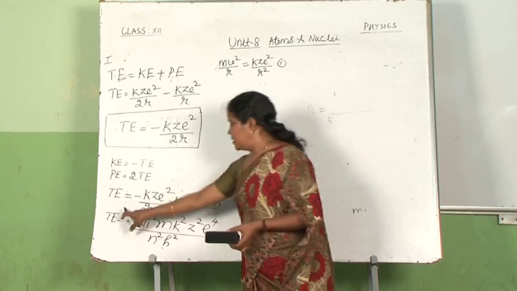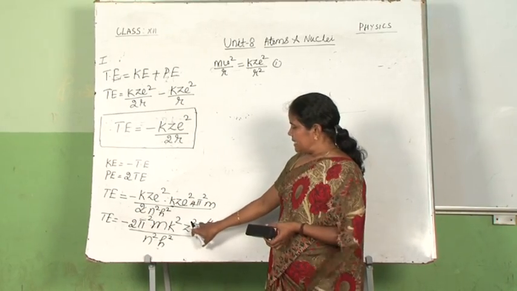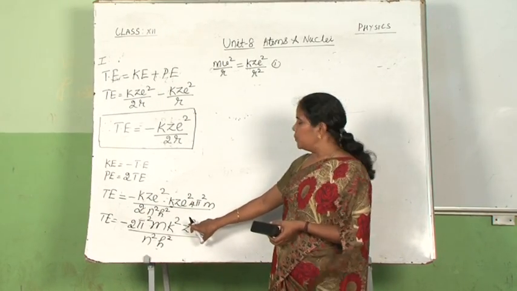This is the total energy. For the hydrogen atom Z is equal to 1.